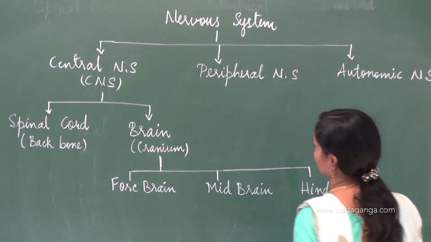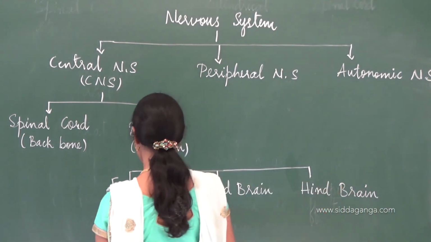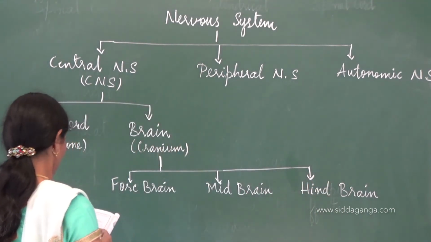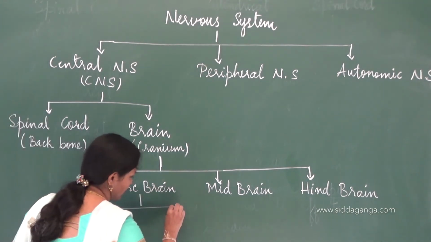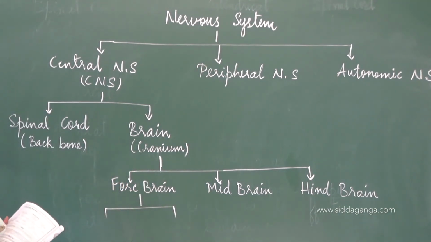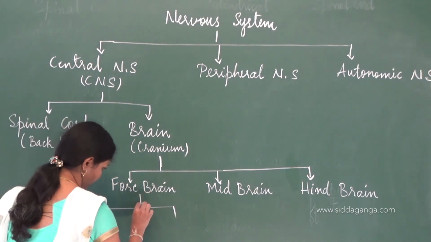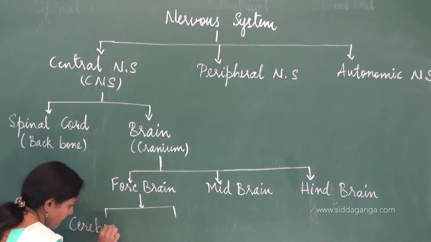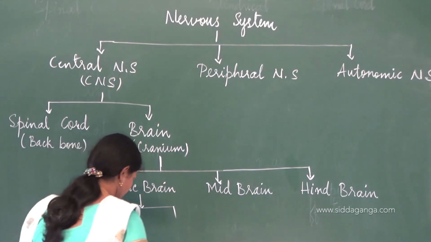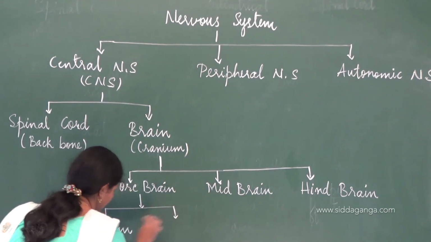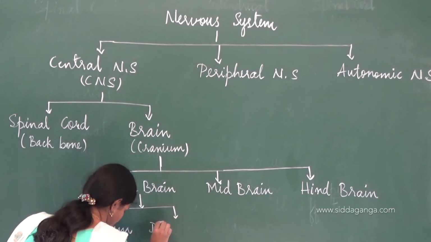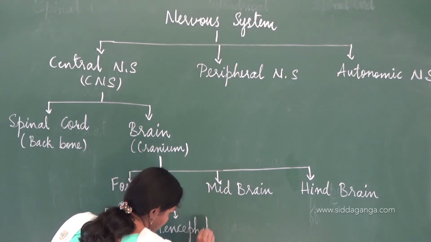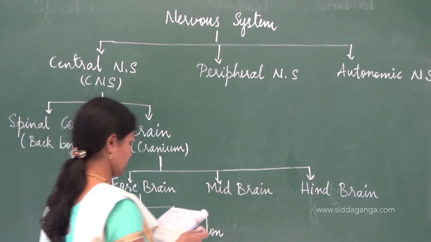The forebrain has two important components, cerebrum and diencephalon.